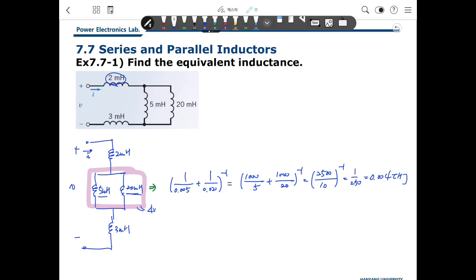So that means this is the same as 4 millihenry. Then 2 millihenry, 4 millihenry, and 3 millihenry. So Leq is 2 plus 4 plus 3, which is 9 millihenry. It's a very simple calculation.